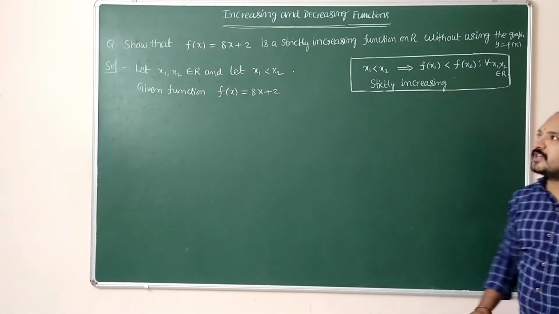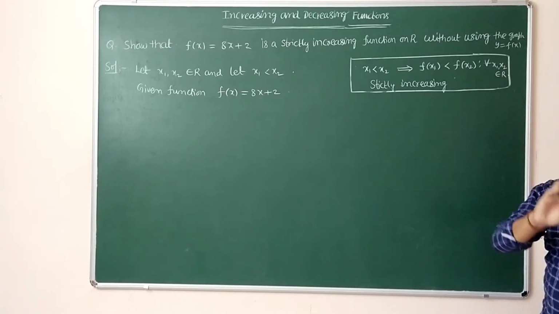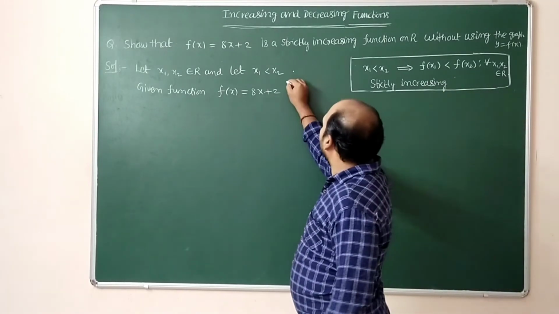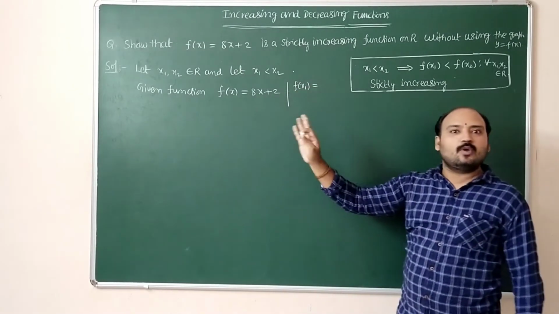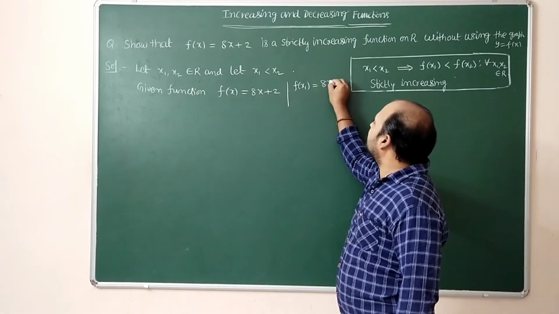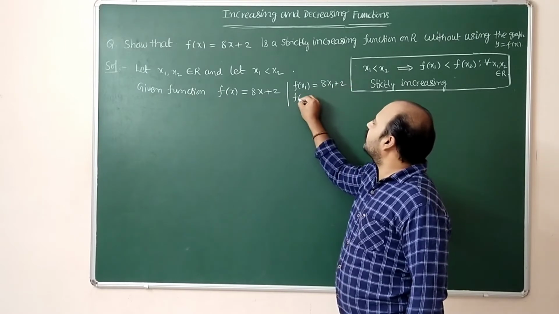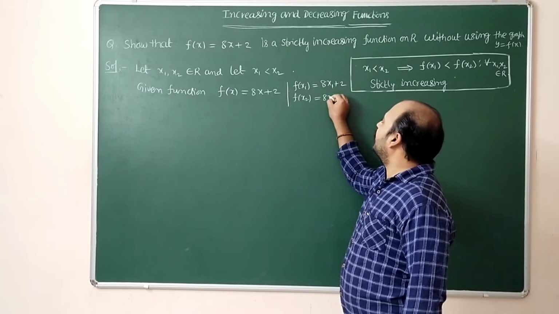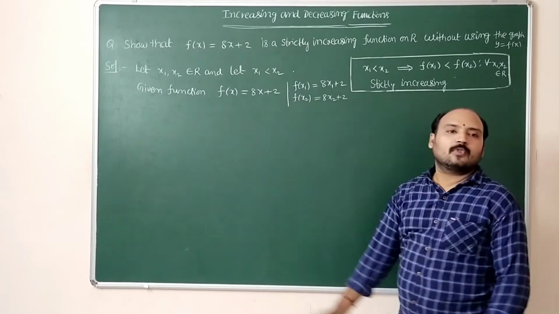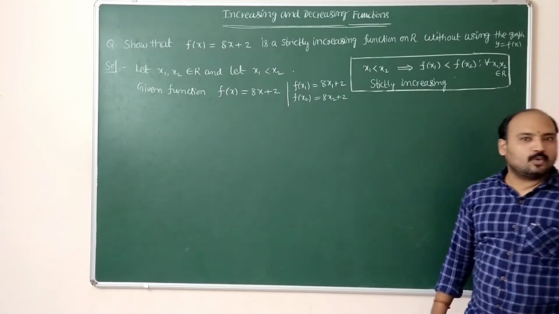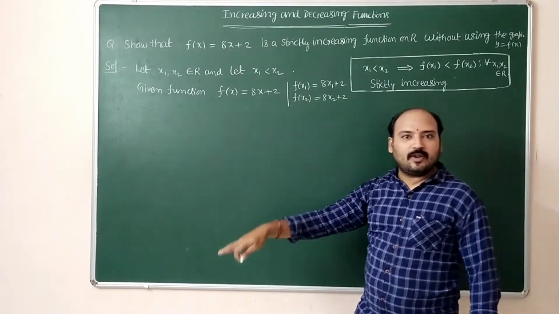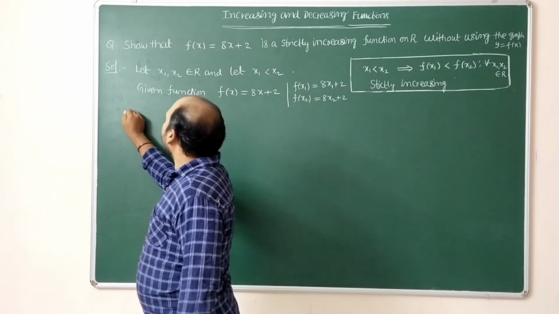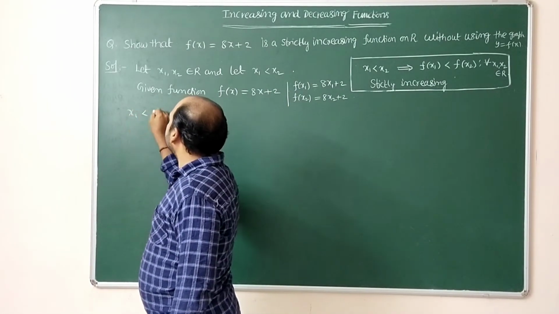So to prove the function, we require f of x1 and f of x2 also. So calculate f of x1. That means wherever x is there, you have to write x1. So 8x1 plus 2. f of x2 means 8x2 plus 2. After that, let x1 is less than x2 in the interval you have taken. So consider x1 is less than x2.